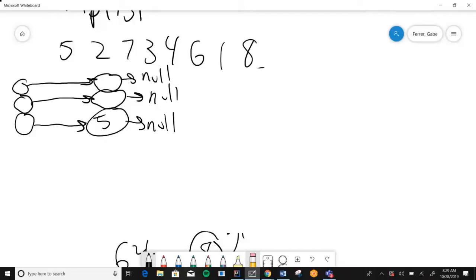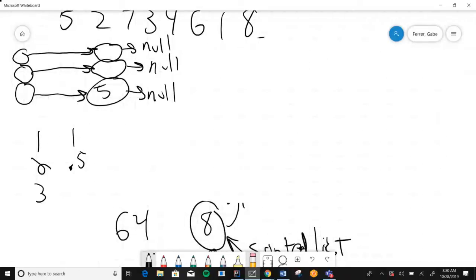Now, for some given height, if we've got a 50-50 shot of adding a level, it's worth thinking about what's the probability of reaching that given height. So for instance, a height of 1 is going to have a probability of 1. The node will always have at least one link. For a height of 2, the probability will be 0.5.